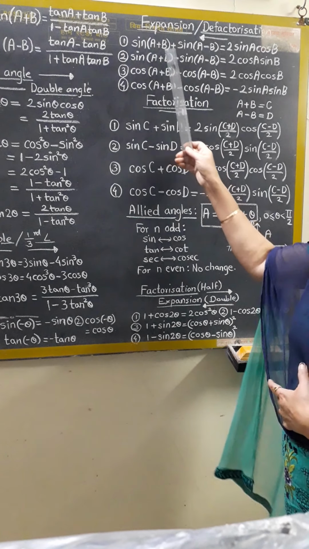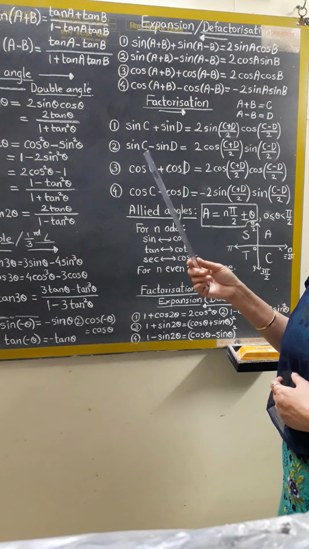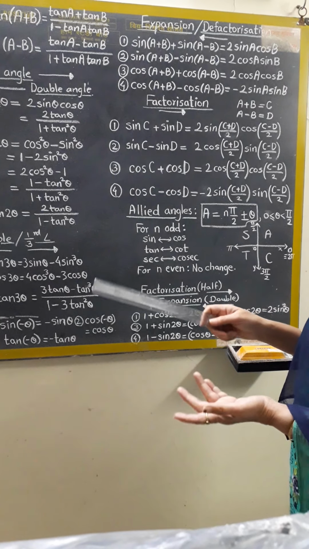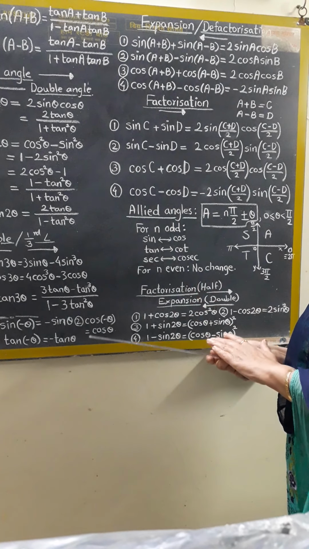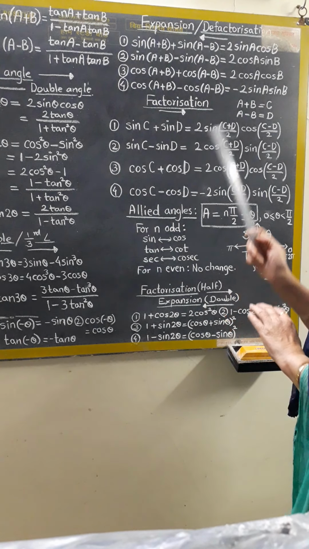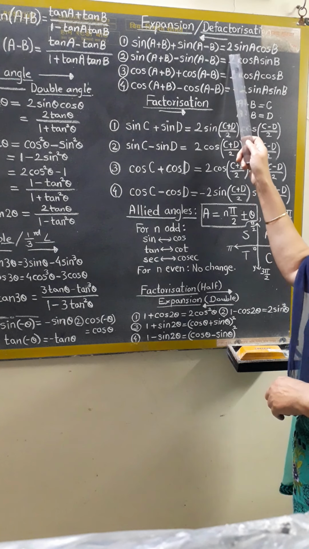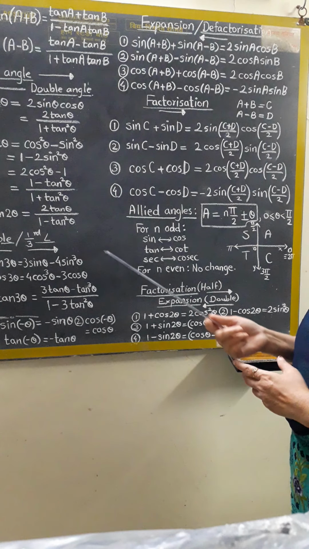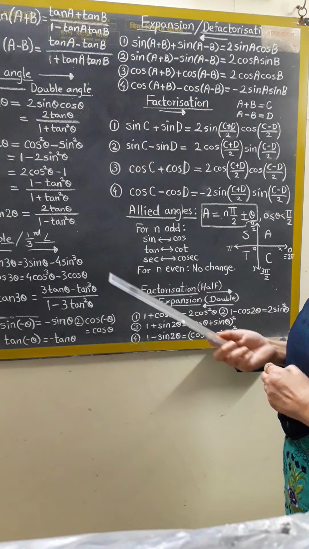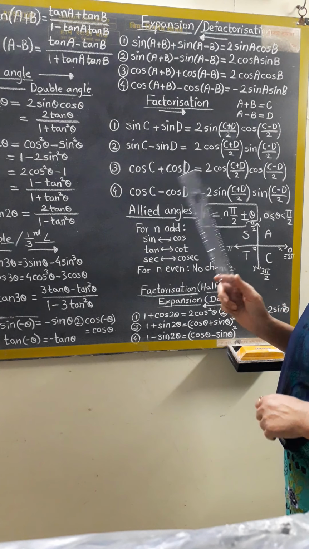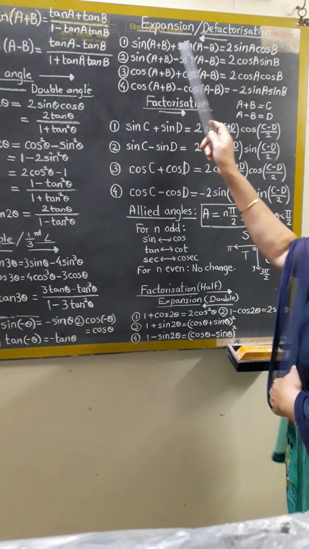For sine of A plus B or sine of A minus B, we take the sine of the first angle multiplied by the cos of the second angle first, and that becomes twice, and the other term gets cancelled while adding.